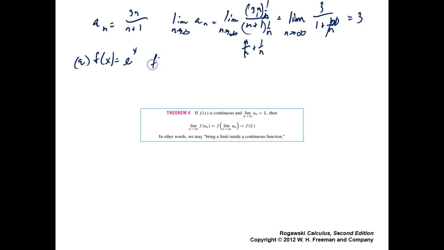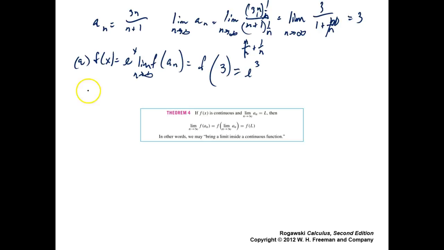So we're doing f of a sub n and taking the limit as n goes to infinity, and this would be the same as doing f of that limit of a sub n, which we just did, and that was going to be 3, so it's f of 3, and what's f of 3? f of x is equal to e to the x. f of 3 would be e cubed. That's it. That's really all you have to do.